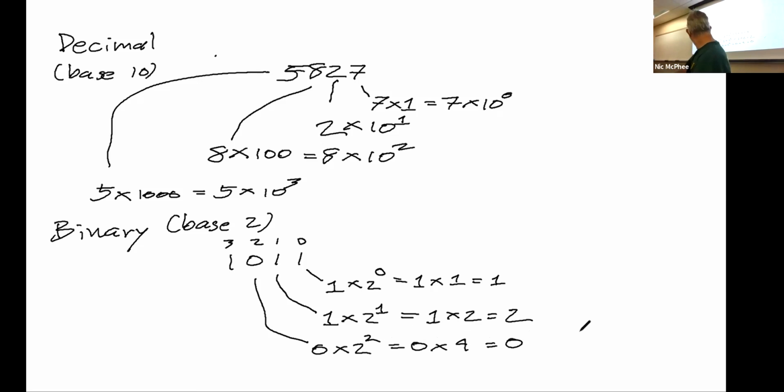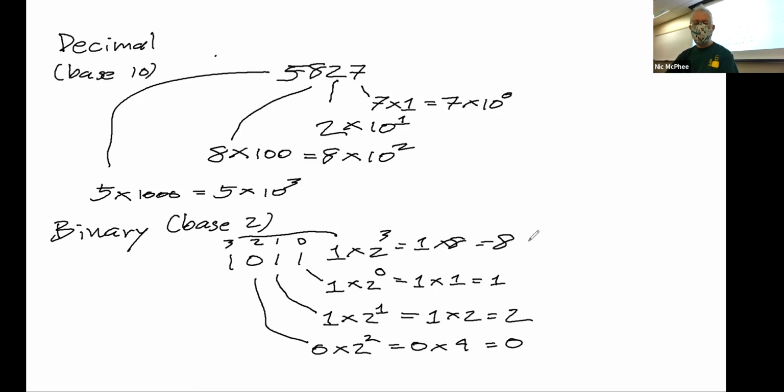Okay? And then this guy here, because I'm getting close to the bottom of the board, I'm going to put him on the top. This is 1 times 2 to the 3rd, which is 8. So this is 8. Okay? With me? Questions?